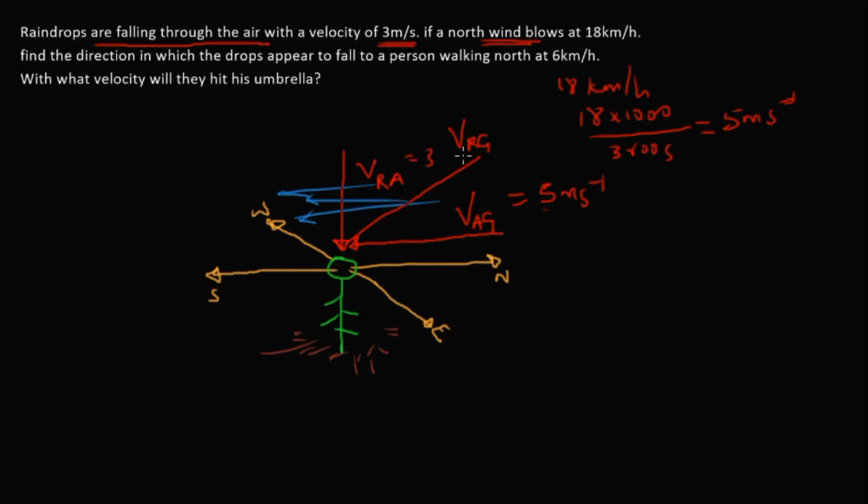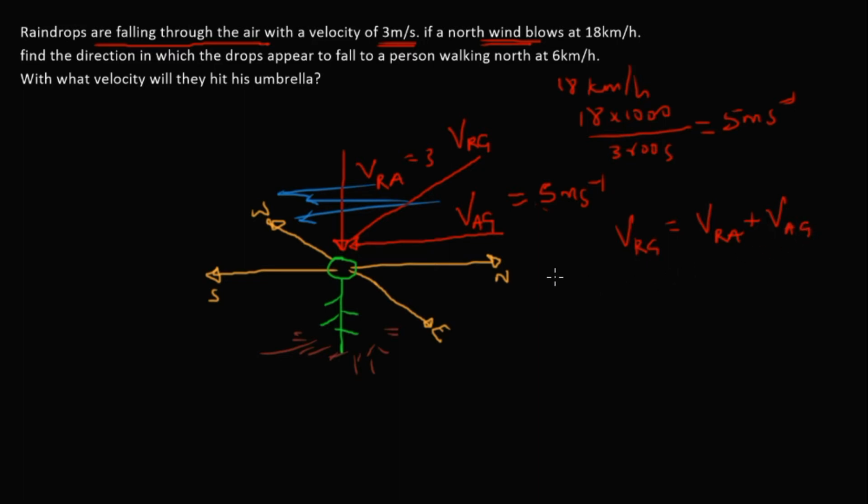So the velocity of the rain relative to the ground is that of the rain that the man will feel on his head. Let's find the velocity of the rain relative to the ground, which is equal to the velocity of the rain to the air plus the velocity of the air to the ground.